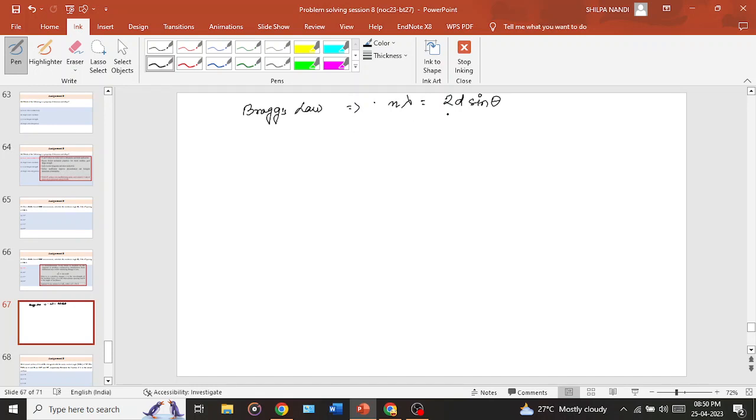From the question we already have the d spacing, so d is 1.54 angstrom, and we have to determine theta. For an X-ray source utilizing Cu K alpha we have lambda of 1.54 angstrom. n is a positive integer, so if we take it as 1 and place all the values, 1.54 for lambda, 1.54 for d, and sine theta.